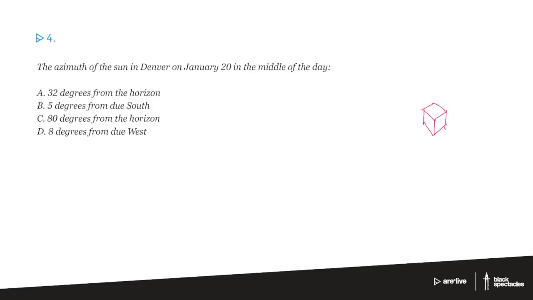If that's my building, and that's north, and I'm somewhere in the United States, say Denver, the sun is going to rise relatively shallow off of due east and set shallow off of due west. And in the middle of the day, it'll be roughly to the south, somewhere in that range. So it's kind of going around like that.